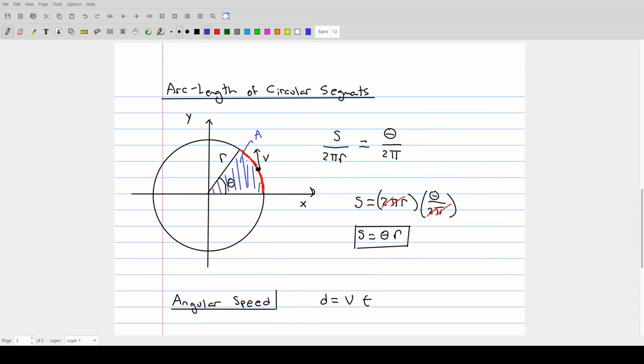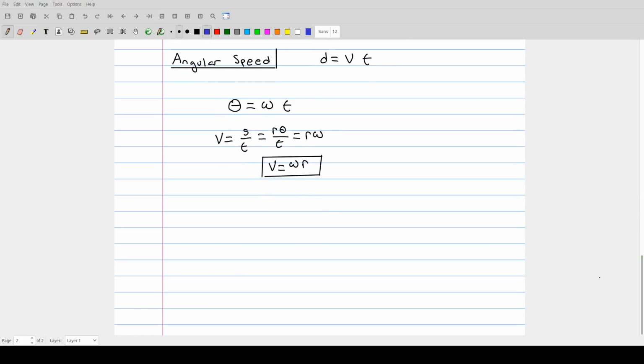This is the path that we're moving on, say, if we have motion, or if we're talking about not motion, but another example, we're going to use the similarity of the circle to derive this formula for this area A. This is the area of a segment of the circle.